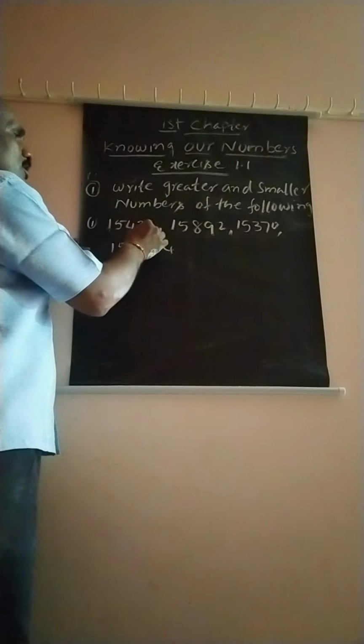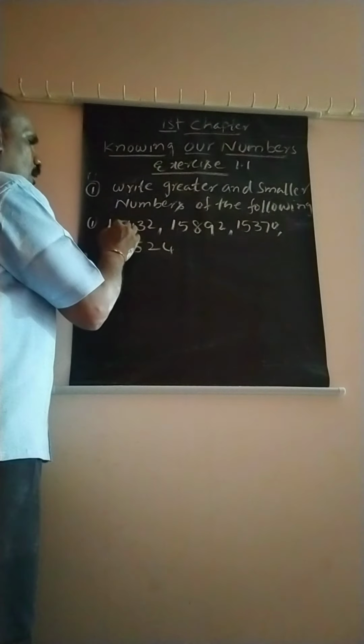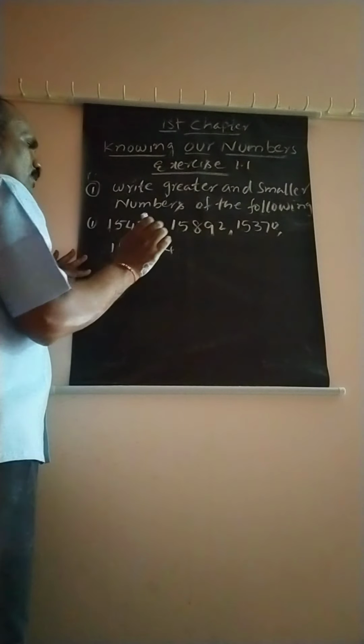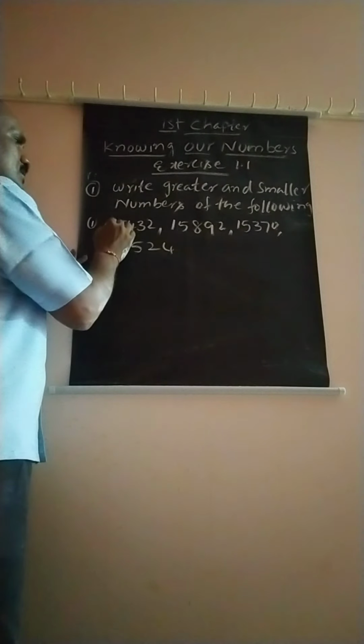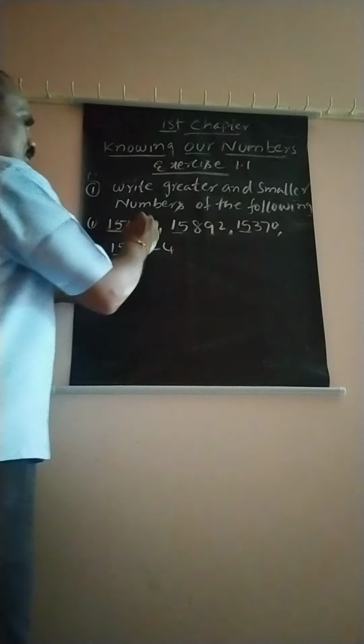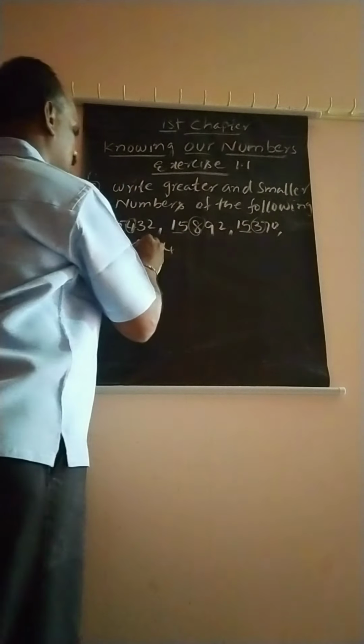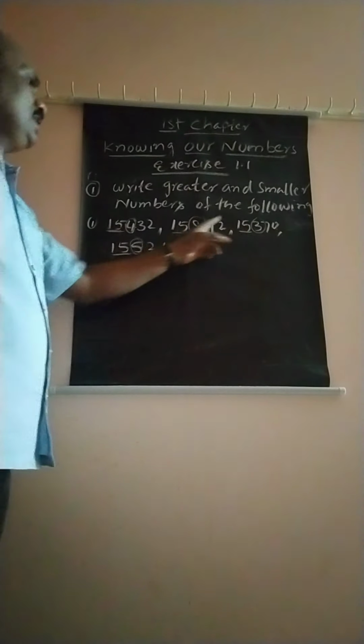Listen here: 15432, 15892, 15370, 15524. Out of 4 numbers, which is the bigger one? Here all are 5-digit numbers. If you observe, something is common: the first 2 digits are common. When comparing the third digit, this is 4, this is 8, this is 3 and this is 5.